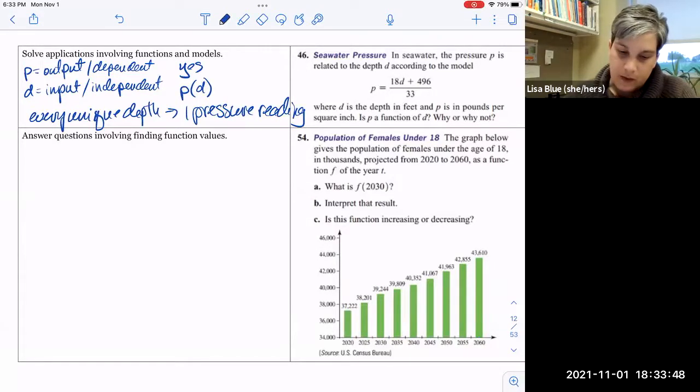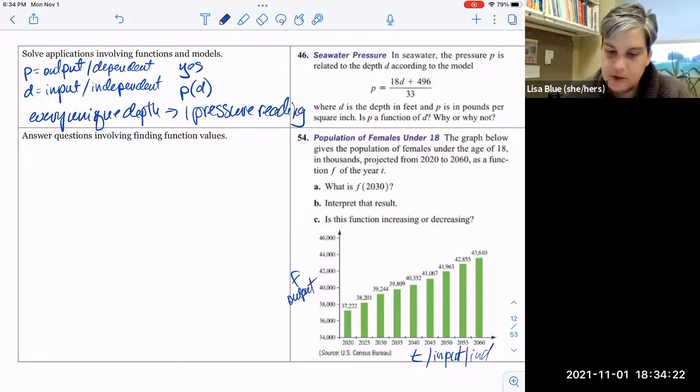We look at 54, population of females under 18. We have a graph and it's in thousands projected from 2020 to 2060. It's a function of F over the year T. So the year T is our input, and this is independent. And our function over here is our output. What is the output of F of 2030?